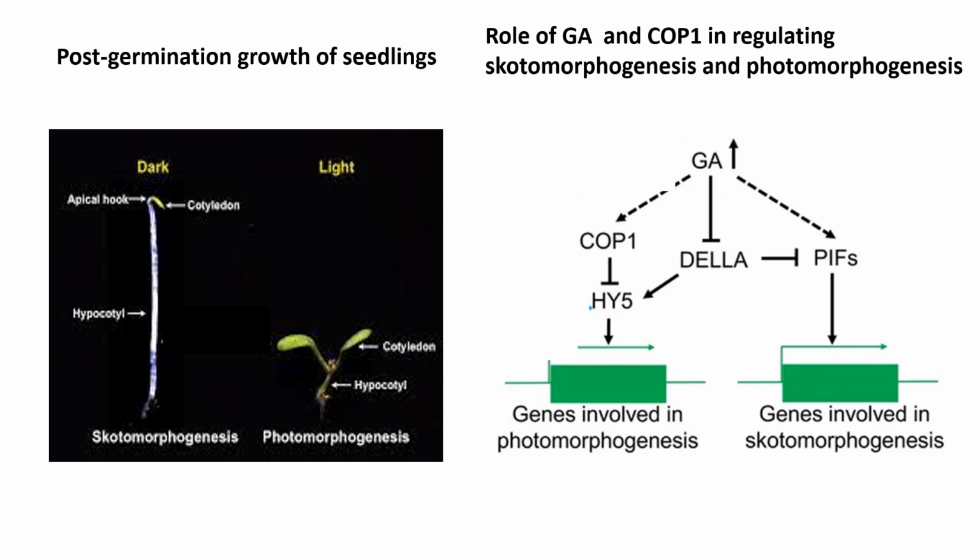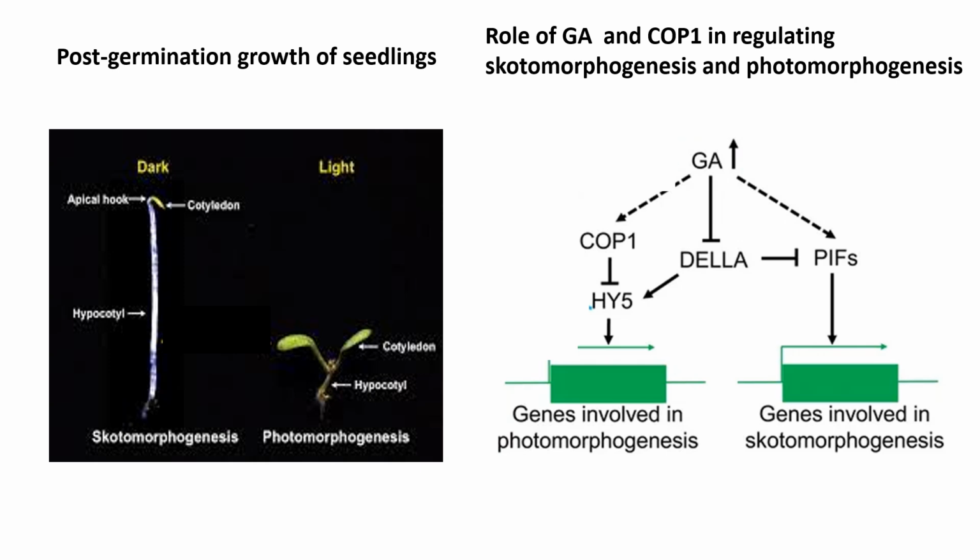Scotomorphogenesis enables the seedling to rapidly grow within the soil in darkness. In the dark, several signaling pathways activate growth but also suppress the activity of proteins that are involved in photomorphogenesis. The constitutive photomorphogenesis protein, COP1, which is part of a larger E3 ubiquitin ligase complex, plays an important role in the suppression of photomorphogenesis in the dark.